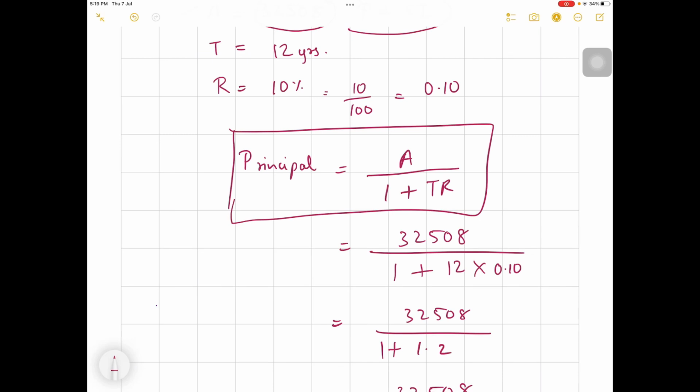Principal is equal to amount divided by 1 plus TR. Put a star mark for this formula.